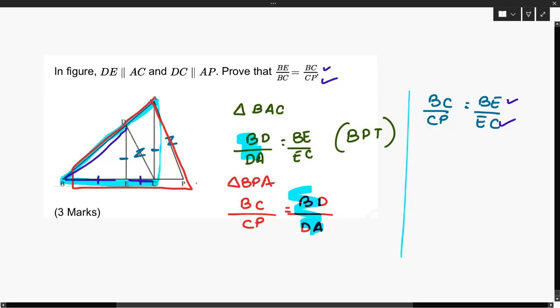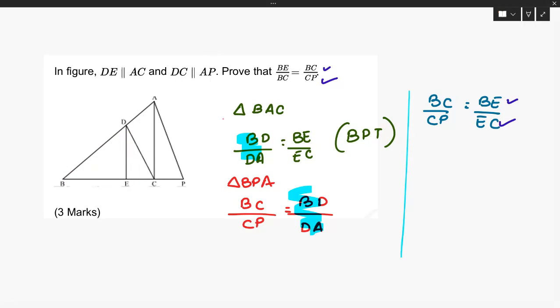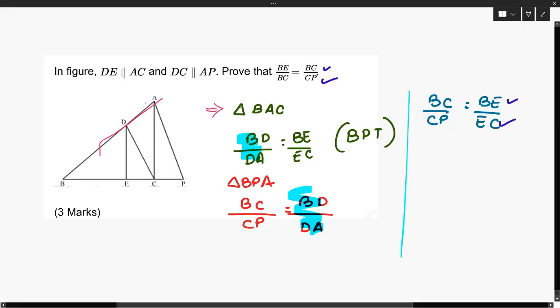And then we have taken BAC, wherein DE is parallel to AC, and BD upon DA is equal to BE upon EC. That is correct.